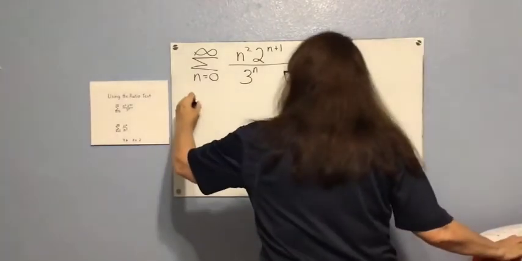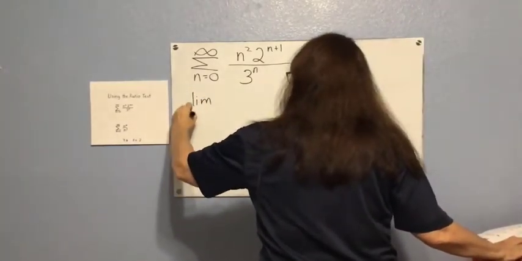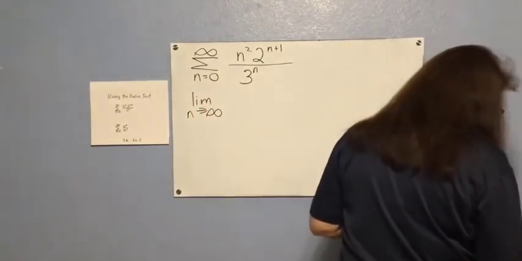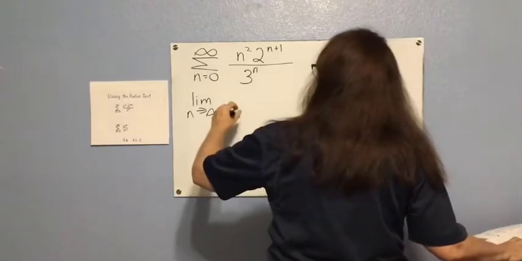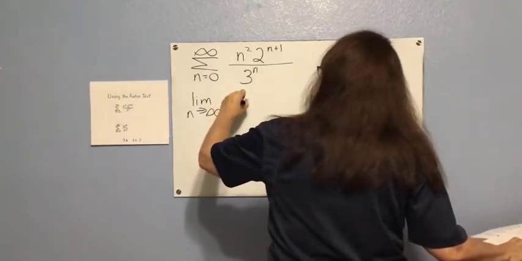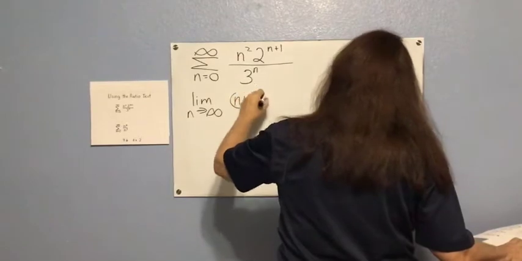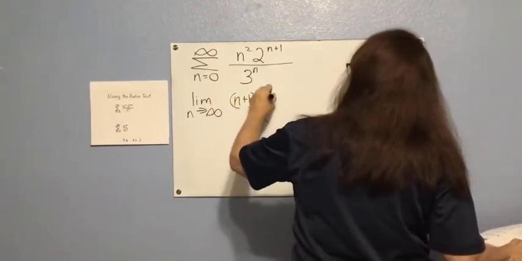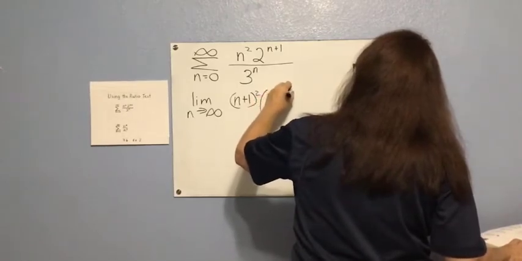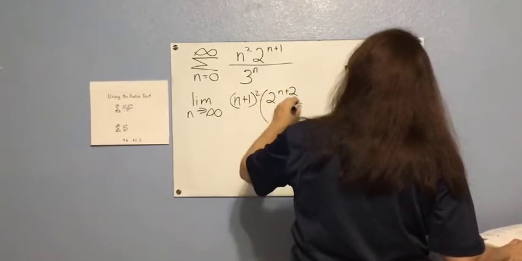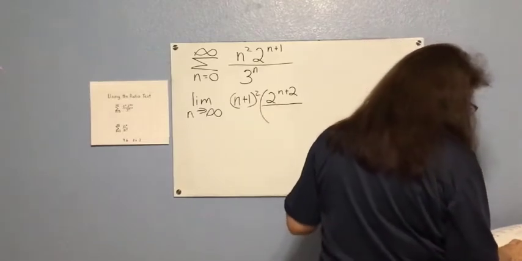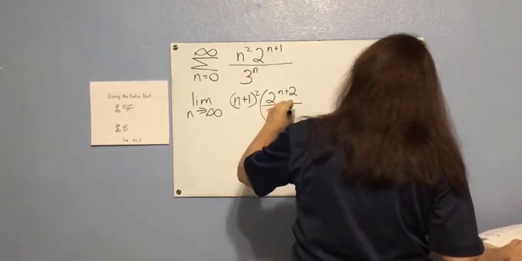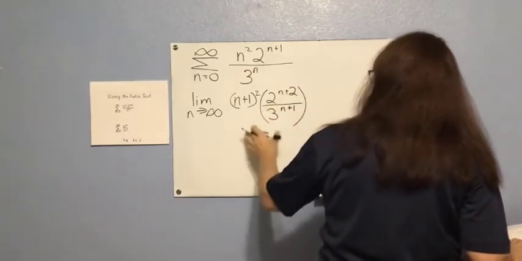So we're going to write this as the limit as n goes to infinity of n plus 1 squared times 2 to the n plus 2 over 3 to the n plus 1.